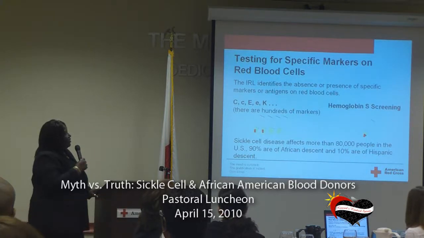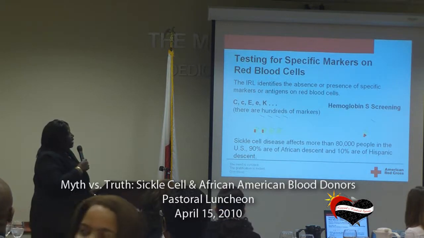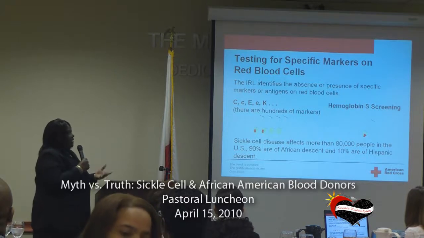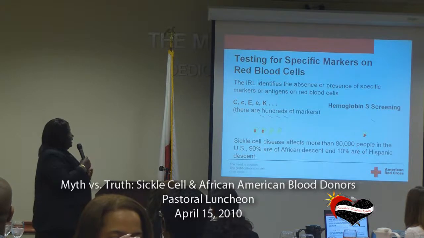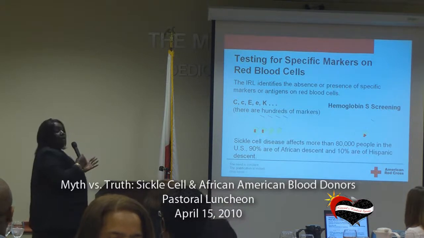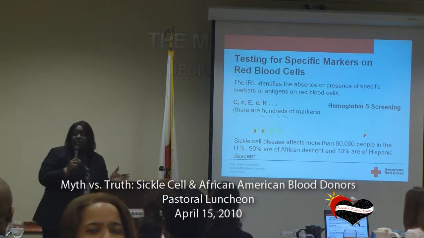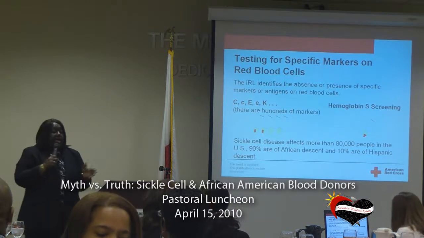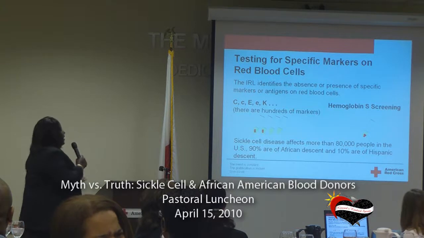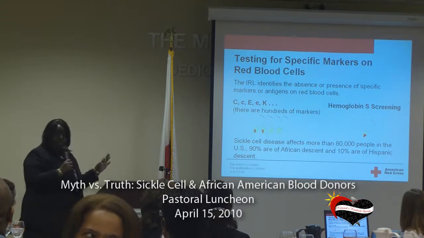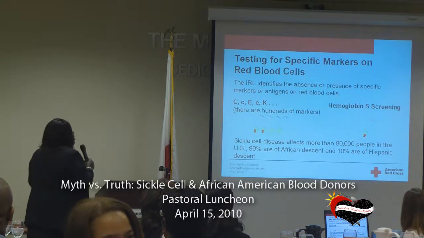Now, testing for the specific red cell markers, as you can see, besides the ABO-RH, there are big C, little c, big E, little e. I didn't know what the alphabet was until I was in college, in blood bank class, and it's like, well, what is this now? I understood kind of ABO, but now here's something else.